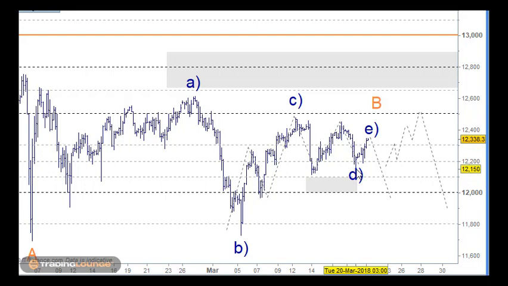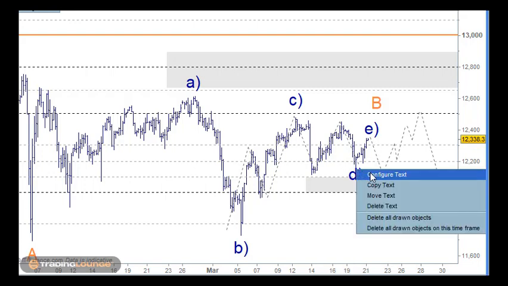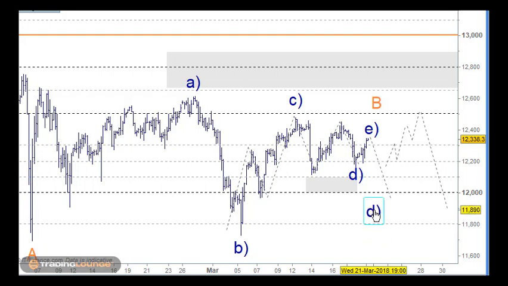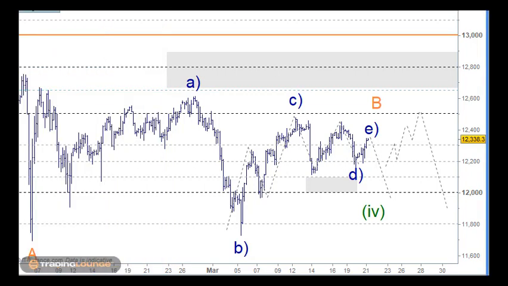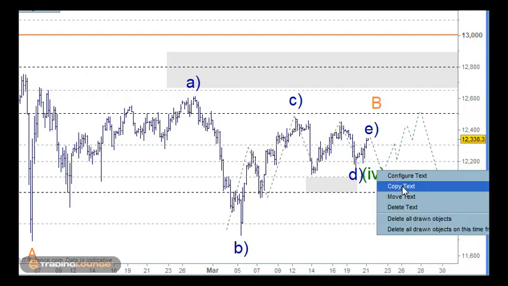So really this little move here would actually be a wave 4 in here, and then we're looking for wave 5 up into this space here.